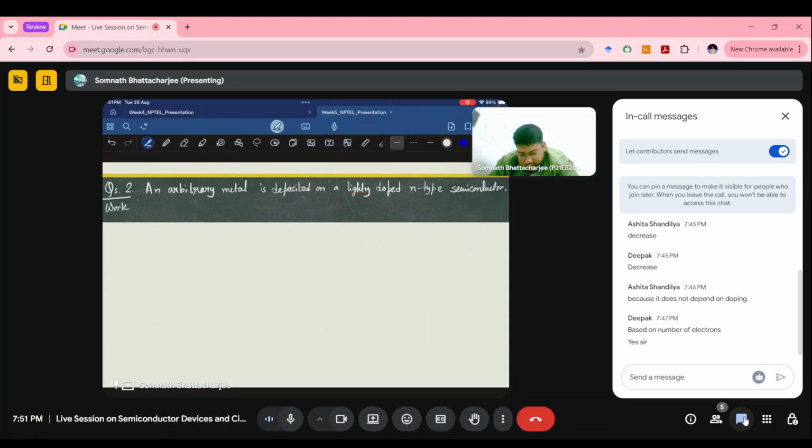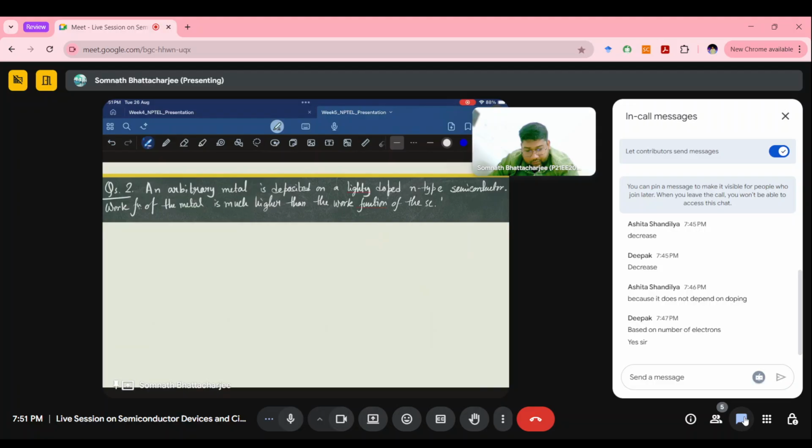Now we know that the work function of the metal is much higher than the work function of the semiconductor. Now we know that psi m is greater than psi s.